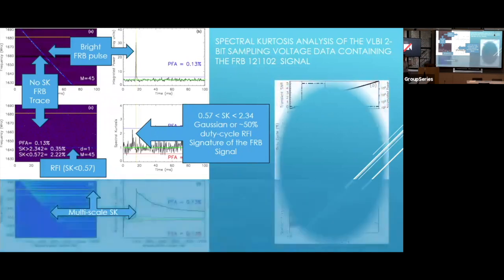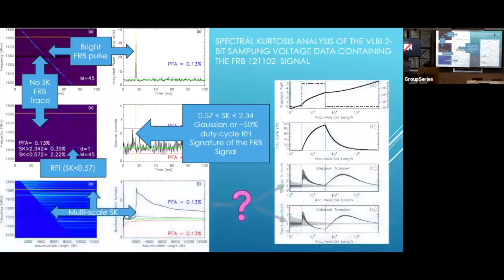And what I proposed in this paper was to actually do continuous accumulation of your signal, and you see the edge of the FRB, and look at the pattern of your SK as your accumulation increases. And you see this pattern, and you ask yourself, is this one or this one? Again, it is not the right one, because in this particular integration, you do not reach one or the other.